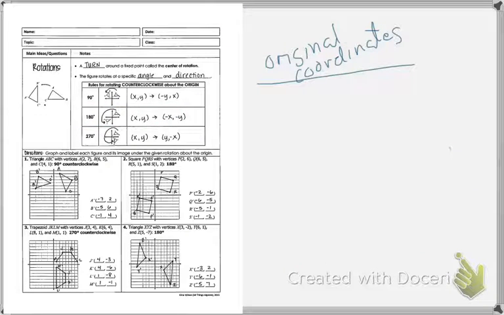Okay, last here on rotation, we're going to deal with a rotation of 270 degrees. You're looking at your original coordinates. What do we do with the original coordinates?